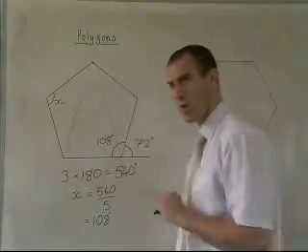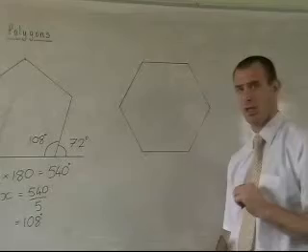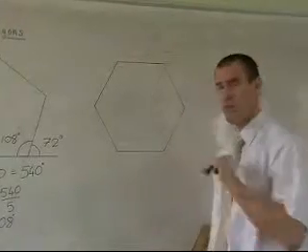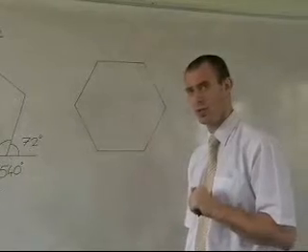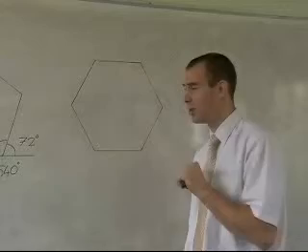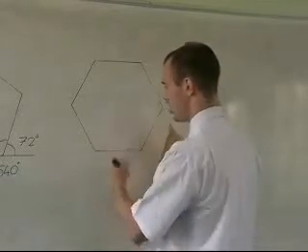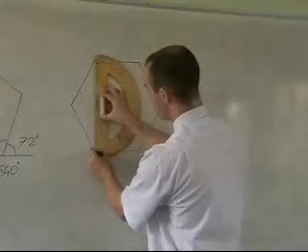We'll run through this again with the hexagon. Exactly the same idea. First of all, you may already know that the angles in the hexagon add up to 720 degrees. But we're going to use the same method as before to work out that number. So starting with any corner, let's start here. That line is drawn. Drawing this line.